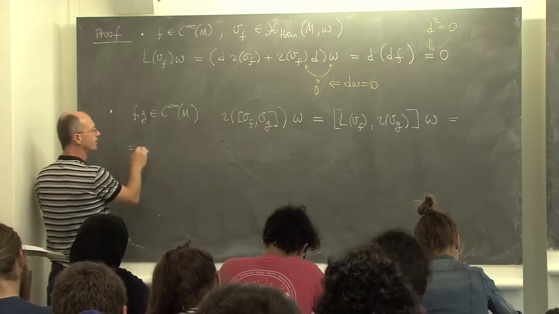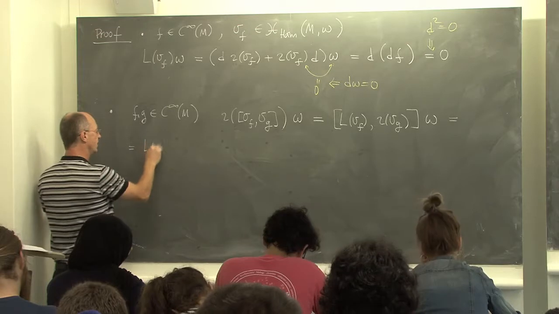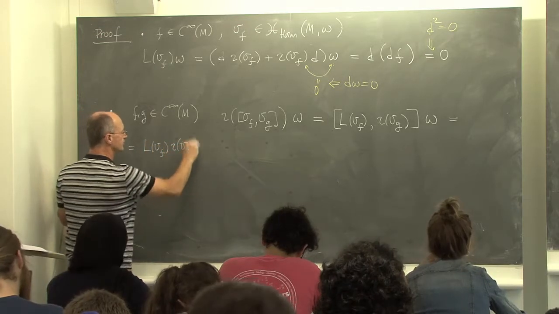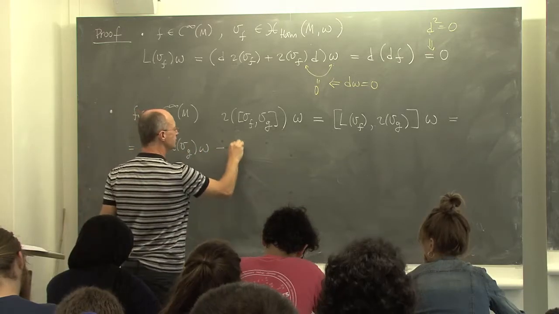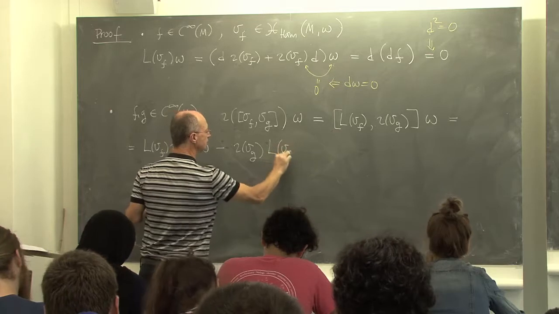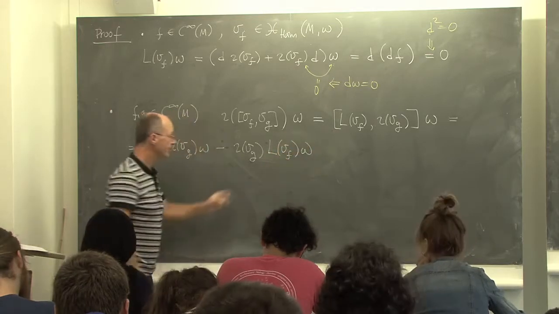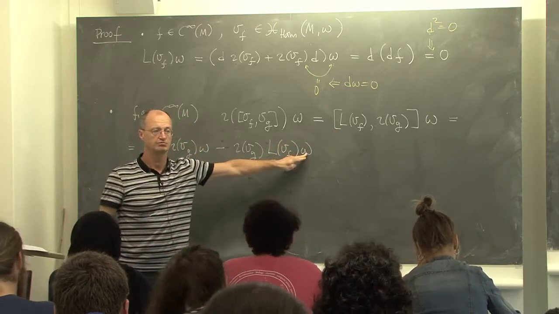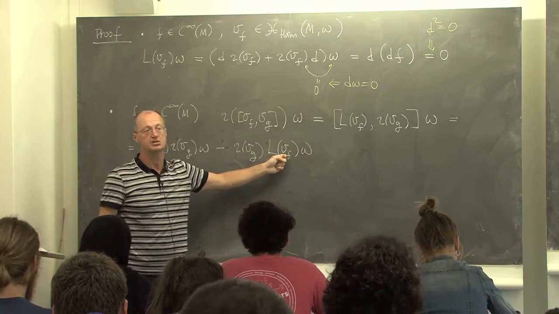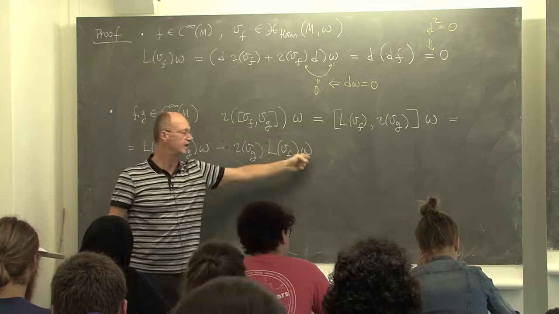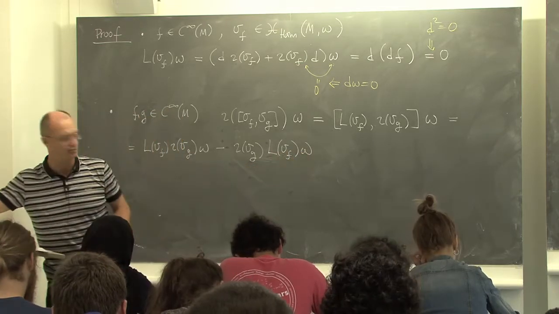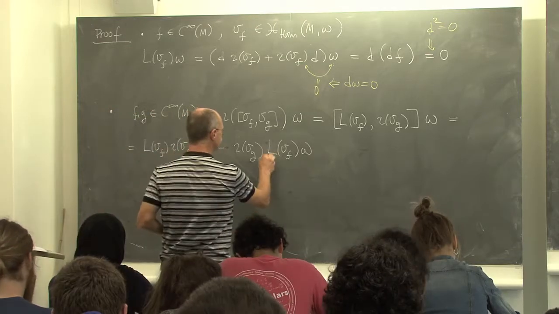Now, this is L Vf iota Vg omega minus iota Vg L Vf omega. And this is 0, right? This is 0 because Vf is Hamiltonian, hence symplectic. And if it's symplectic, then the Lie derivative kills omega. So this, we don't need to worry. So this is 0.